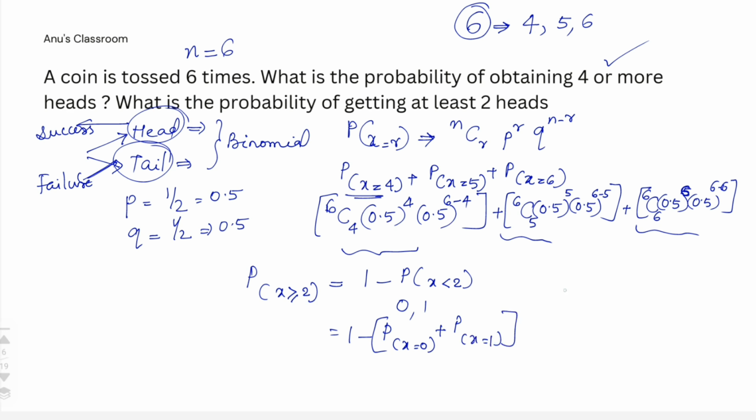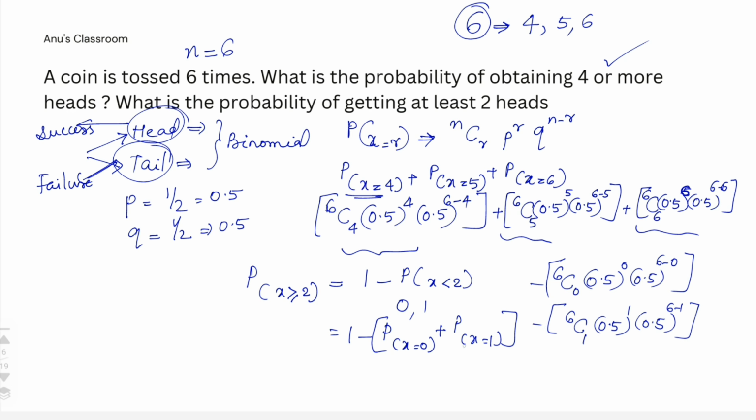Same way, x equal to 0 formula will be 6C0, 0.5 raised to 0, 0.5 raised to 6 minus 0, and x equal to 1 will be 6C1, 0.5 raised to 1, 0.5 raised to 6 minus 1, right? You solve for these two and subtract the whole thing from 1, you will get the probability of getting at least 2 heads.